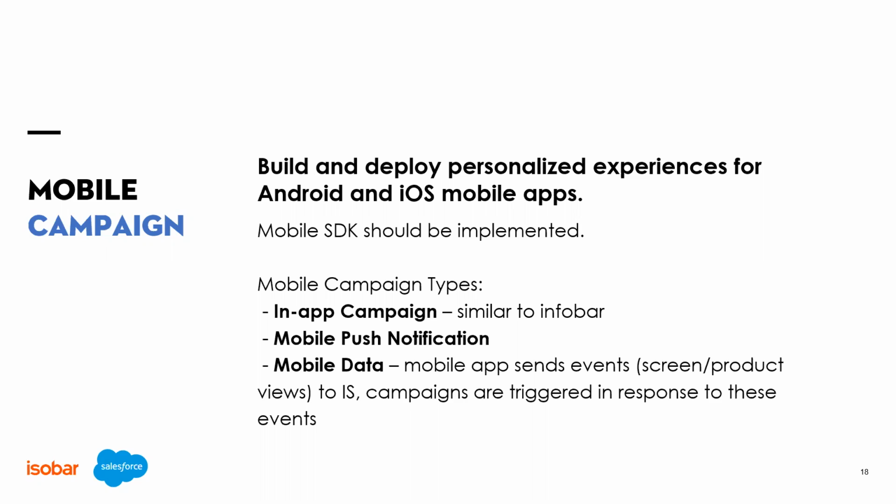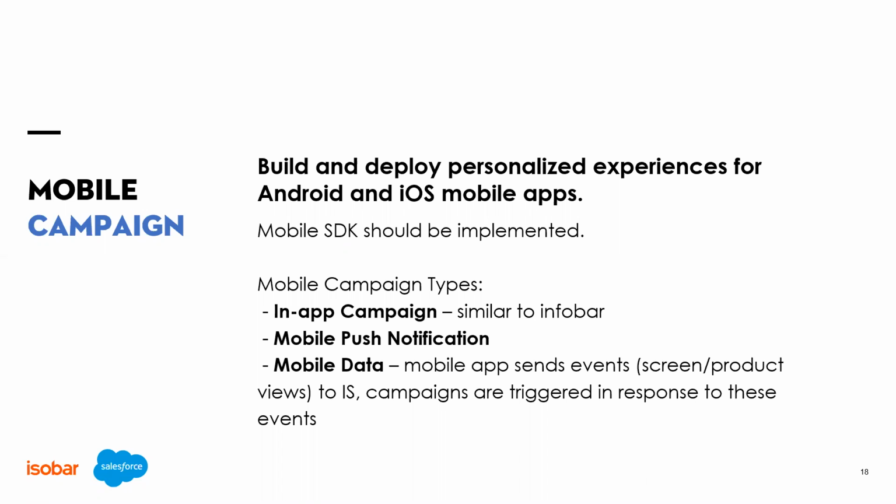You can also bring in mobile push notifications, but basically these mobile pushes could also be delivered once you create some segment of your users on the Interaction Studio side, and then each time a person either appears in the segment or exits it, you can bring these people into Journey Builder and immediately send a mobile push based on this event.